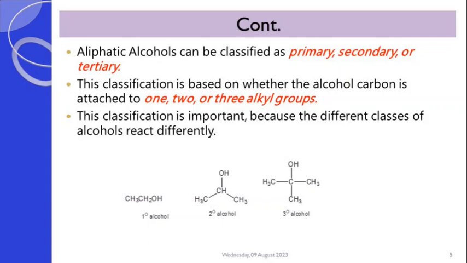Now, the difference among the three, that is primary, secondary, and tertiary, depends on whether the carbon, or what we can term as alcohol carbon, is attached to either one, two, or three alkyl groups.